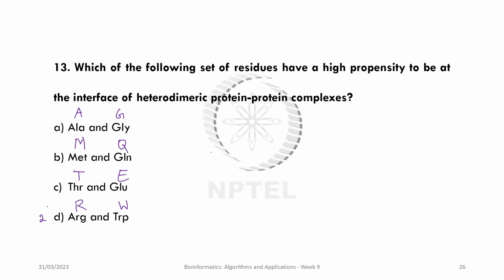Arginine and tryptophan, 7.48, right? I don't see any other combinations described as preferred or high propensity. So we are all going with option D.